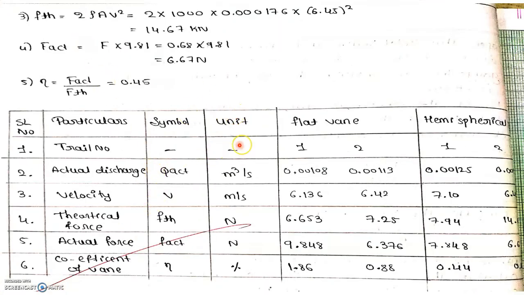Here you can see they have done the second trial also. They found the theoretical force and actual force, and found the efficiency again with the hemispherical vane also. This is the last data sheet they have entered.